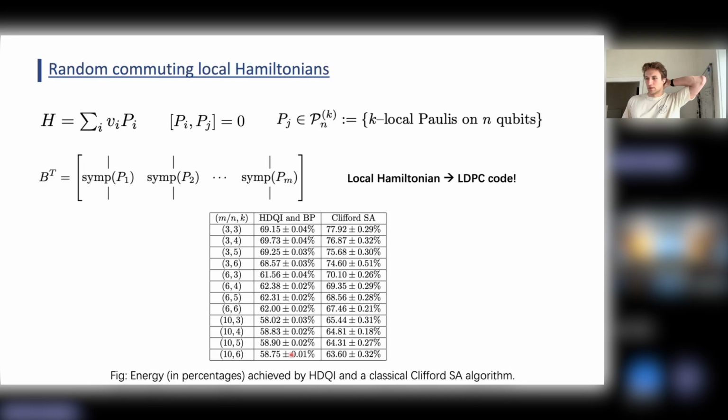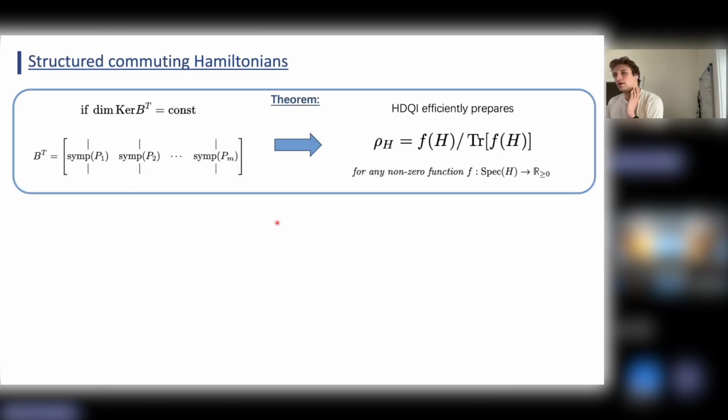So for very large system sizes, you can predict the performance of HDQI. You just run your decoder, see how well it does, plug that number L into your theorem, and then you know how well the quantum computer would behave if you had it.